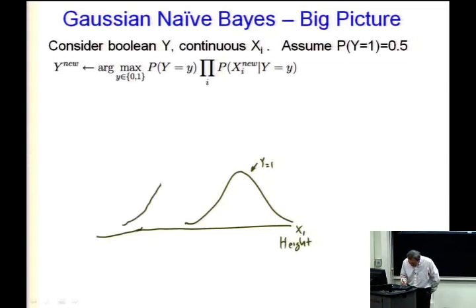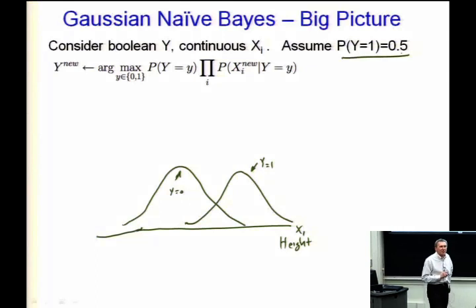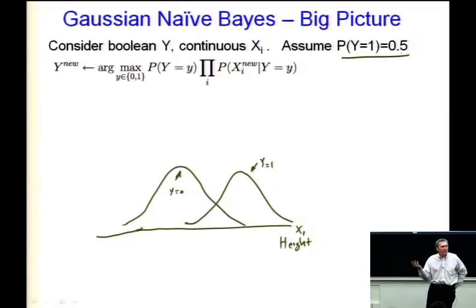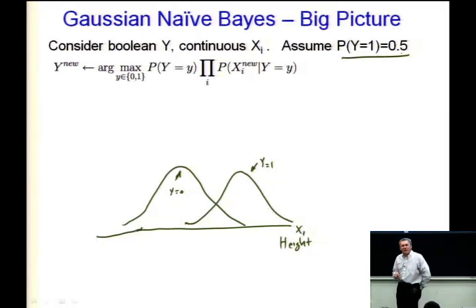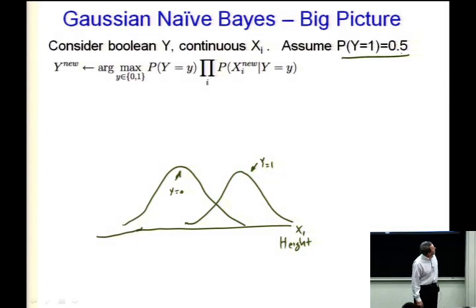That'll be people who are a little bit shorter on average. Call that the y equals 0 distribution. And in this particular case, I'm just going to make life very simple by assuming I have a sample of people I'm interested in, half of whom are basketball players. So the prior is just 0.5. They're equal.